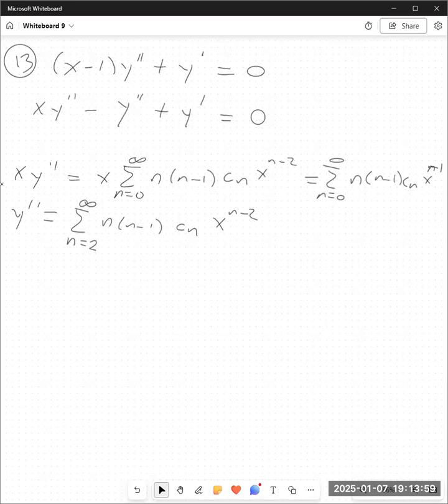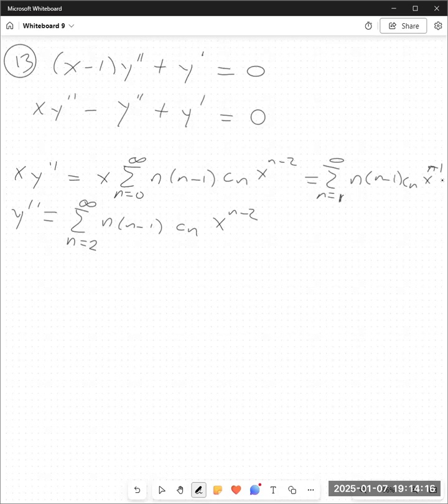So this one here, I'm going to eliminate that first one, make that start at 1 so that it starts at x of 0. This is going to start at x of 0 when I fix it.